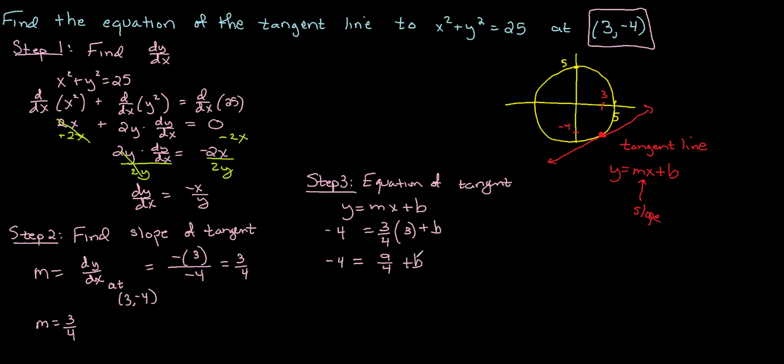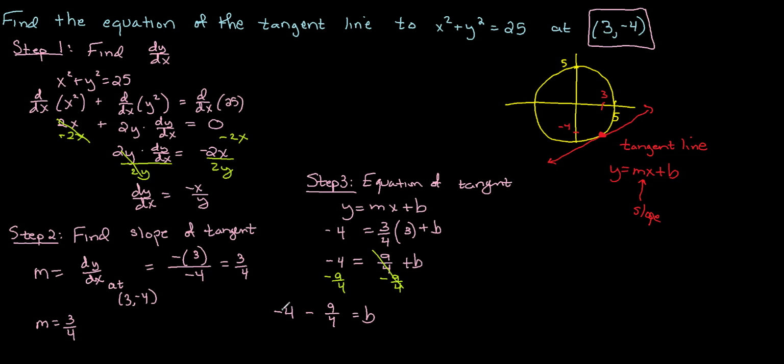We need to solve for b, so I'm going to subtract 9/4 on both sides. And what I'm left with on the left-hand side is negative 4 minus 9/4 equals b. Now that's a little bit awkward, so let's not write it that way. Let's write that -4 as something more helpful.